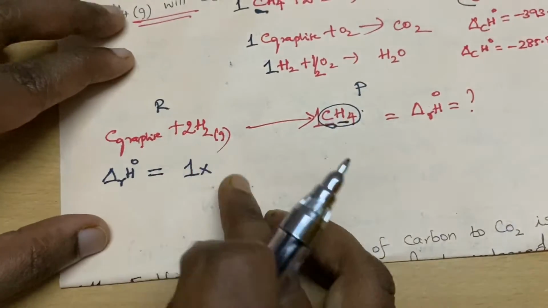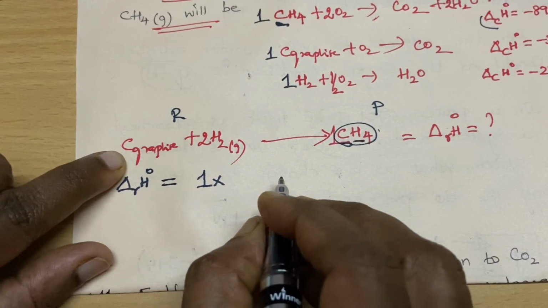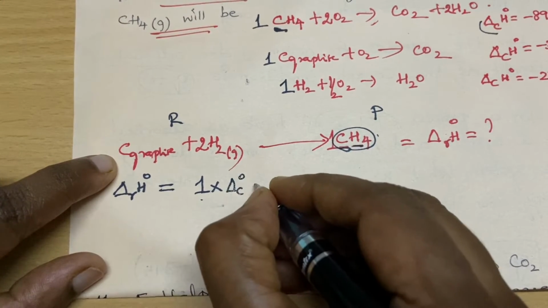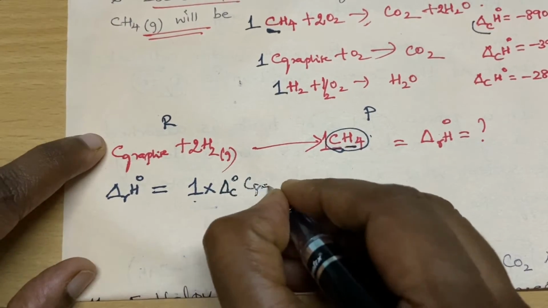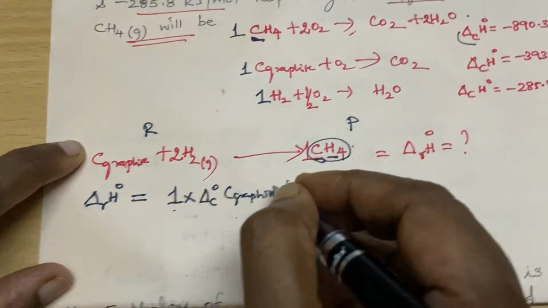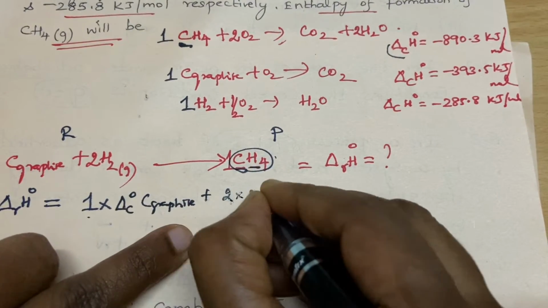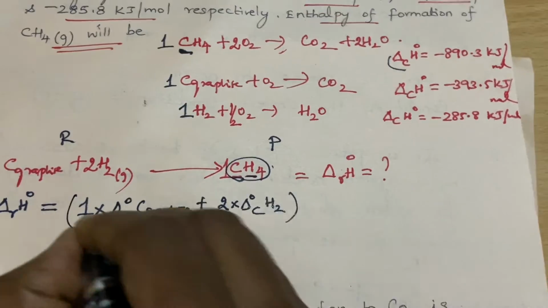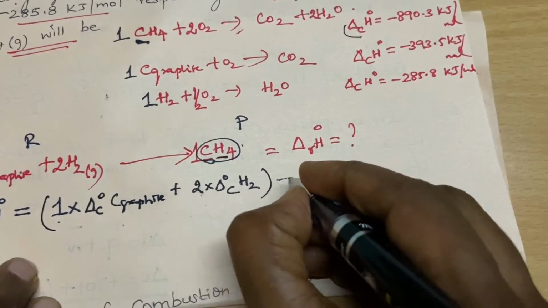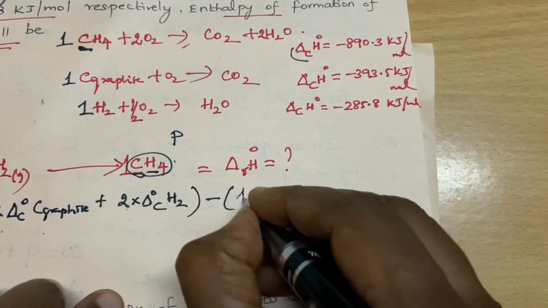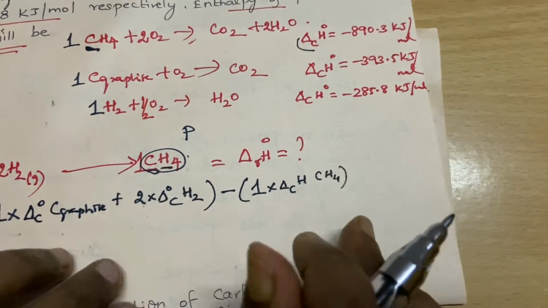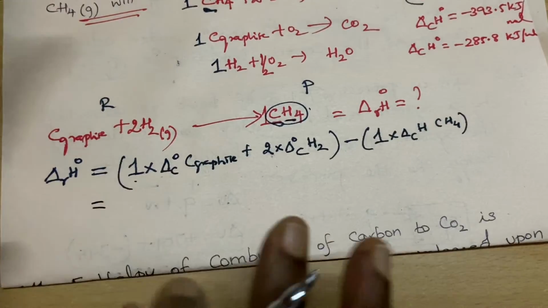How many moles of graphite are present? Only 1 mole. So 1 into enthalpy of combustion of graphite, plus there are 2 reactants, so 2 into enthalpy of combustion of hydrogen. This forms your reactant, and then subtracting the product, 1 mole of enthalpy of combustion of methane. Simple. Then you have to substitute all the values, that's all.